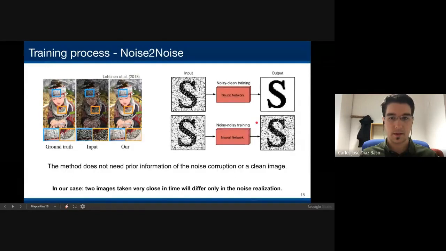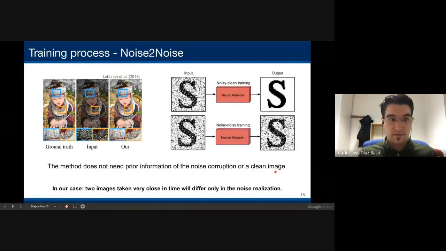and produce a clean output. One of the main points of this method is that it does not require prior information about the noise or a clean image. So it's exactly perfect for our motivation. We just need many noisy observations and we can train a neural network to do that.